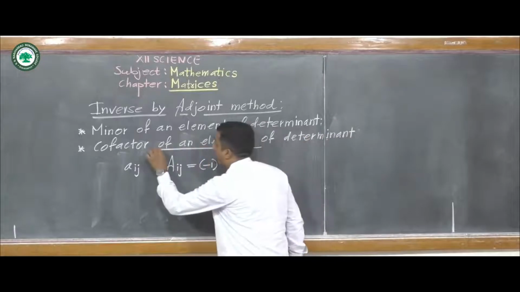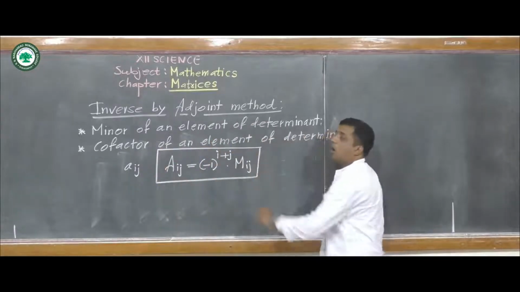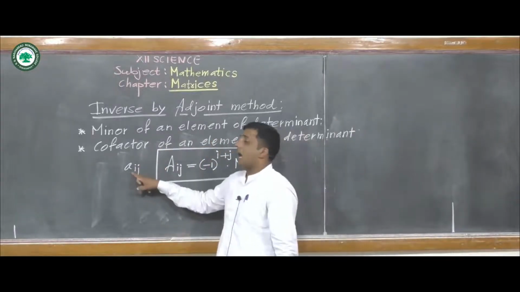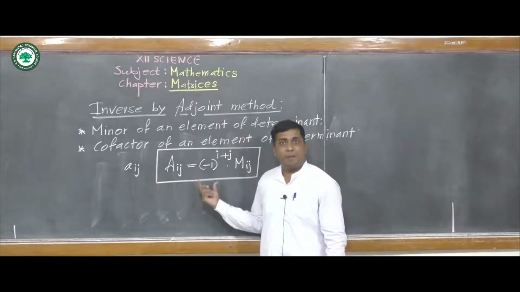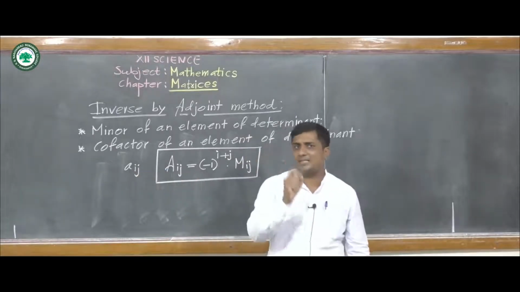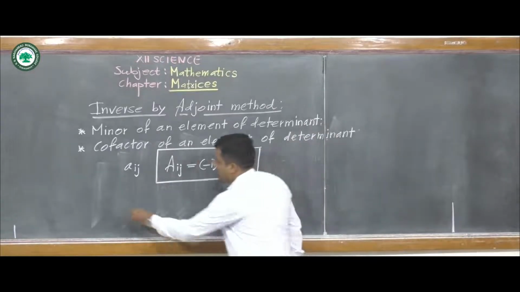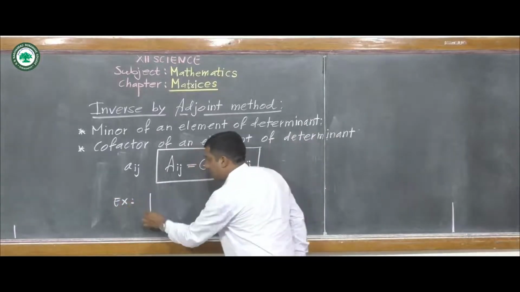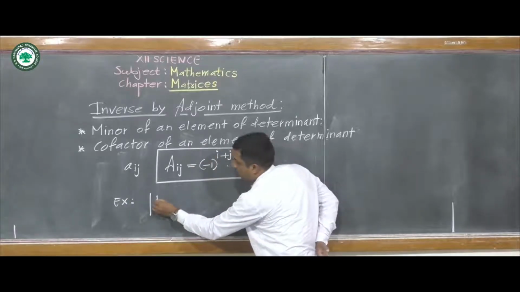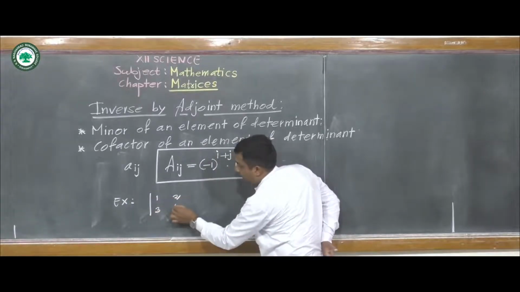By using this formula we find the cofactor of the element Aij. So remember this. Let us consider one example to define this concept. Here we consider a determinant of order 2, that is, 1, 2, 3, 4.